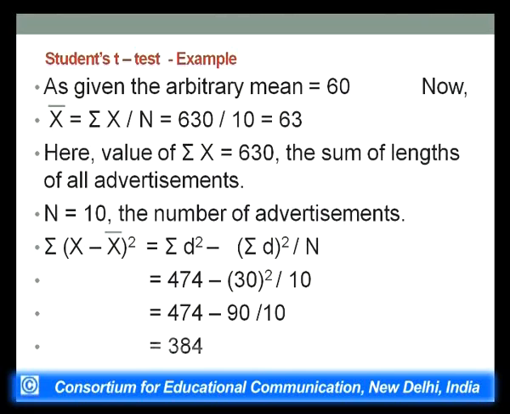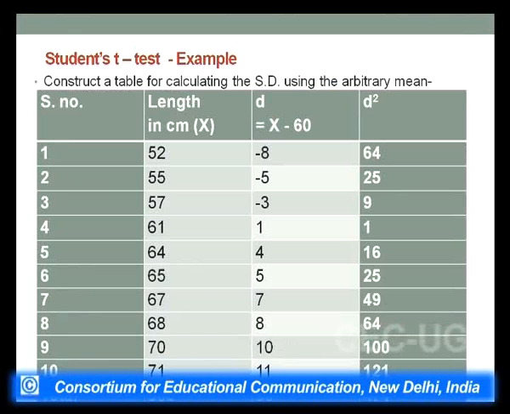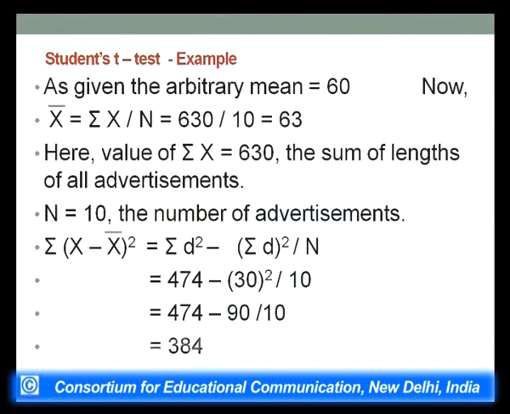Now let us go for further analysis. The arbitrary mean was 60, do not forget about that. And if you go back, you will see that 30 was the sum of D and D square was 474. Now the formula we use is x bar, the summation of x divided by n.